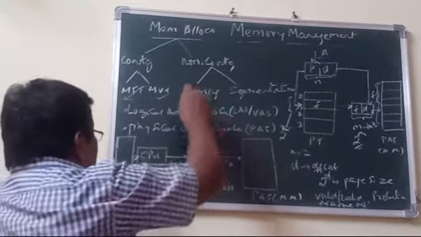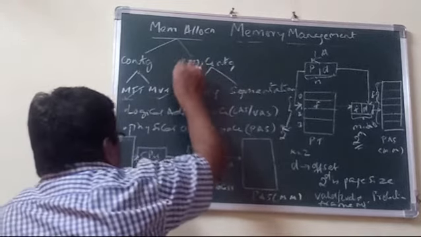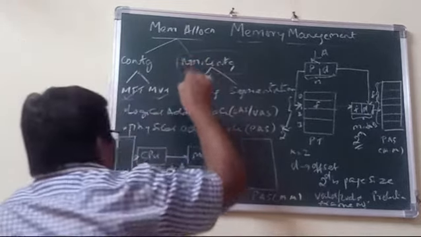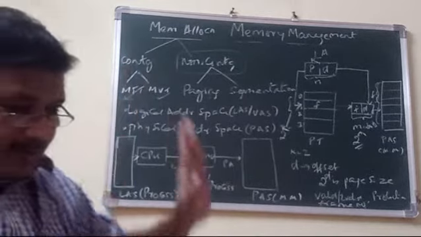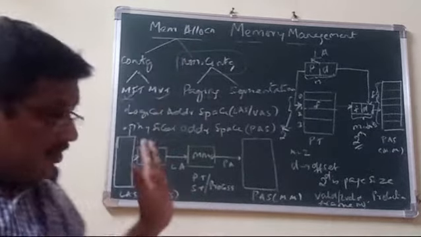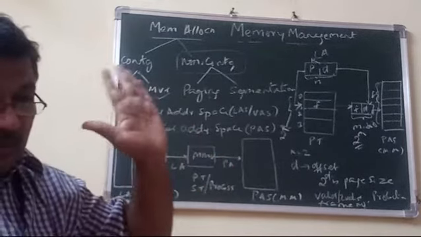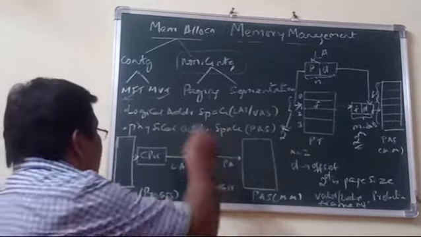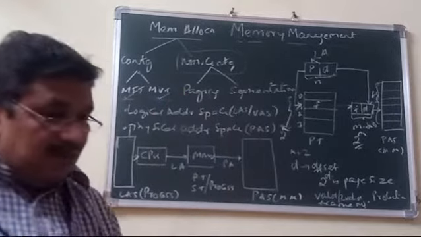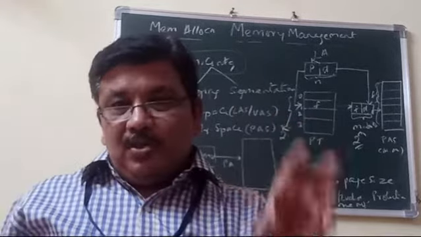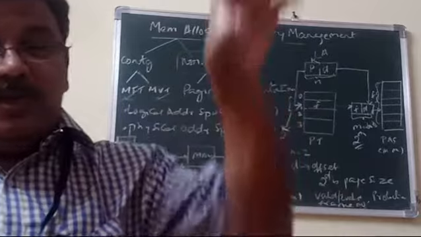The next topic that we have to see here is non-contiguous allocation. The overall problem of contiguous allocation is that it suffers from fragmentation, because whatever memory is required by the process, that much memory should be contiguously available.